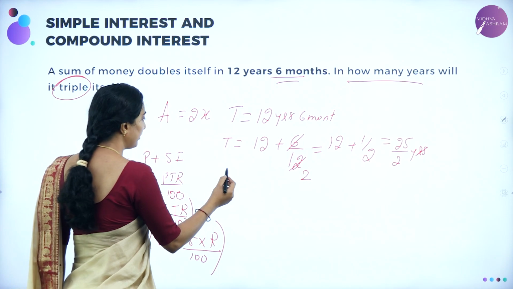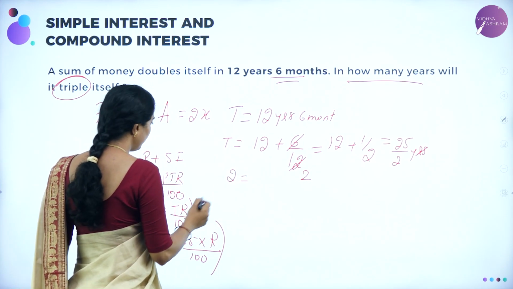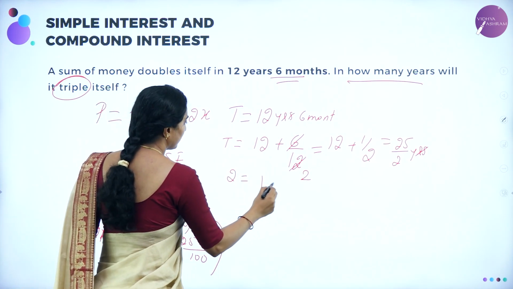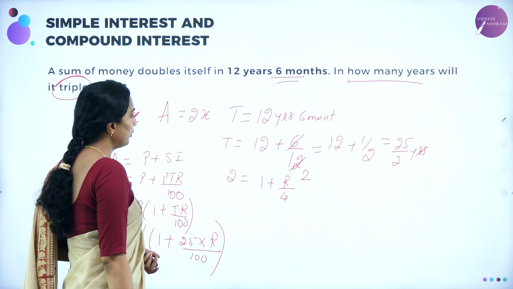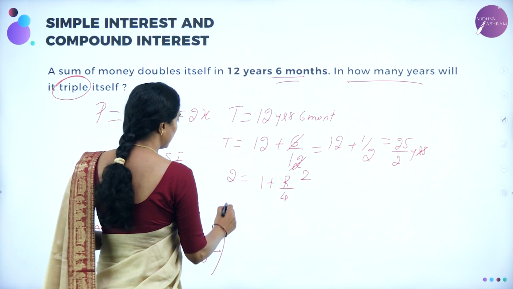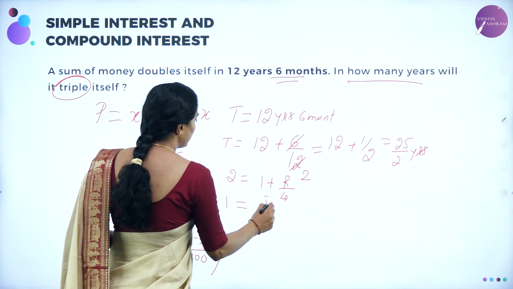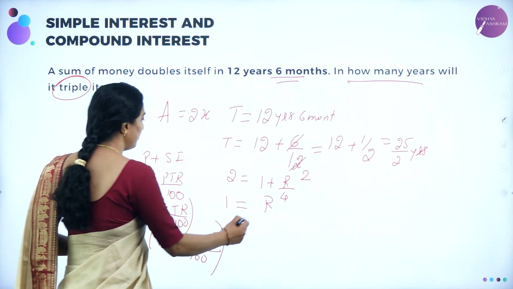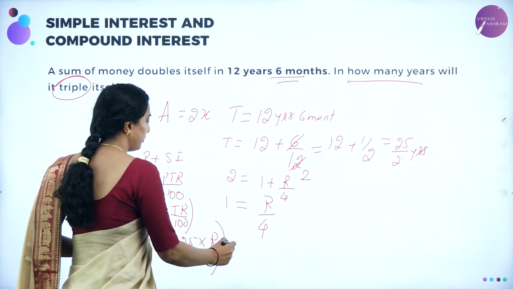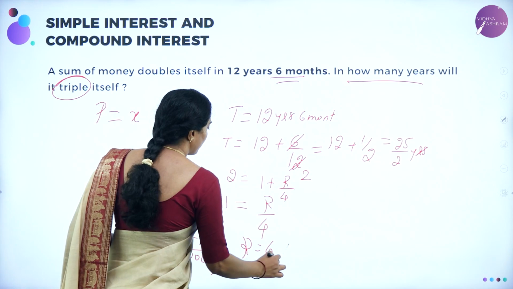Therefore, you are going to have 2 is equal to 1 plus r divided by 4. Therefore, you can calculate here 2 minus 1 is nothing but 1 is equal to r divided by 4. So r is equal to 4%.